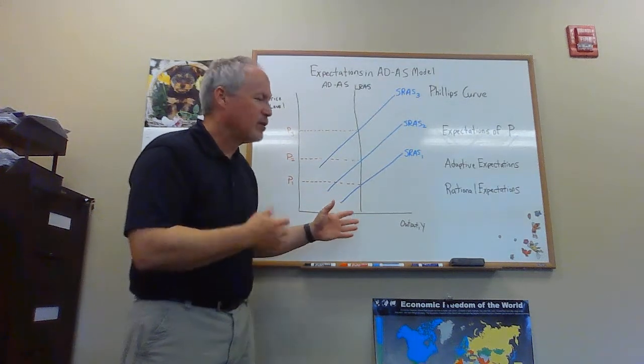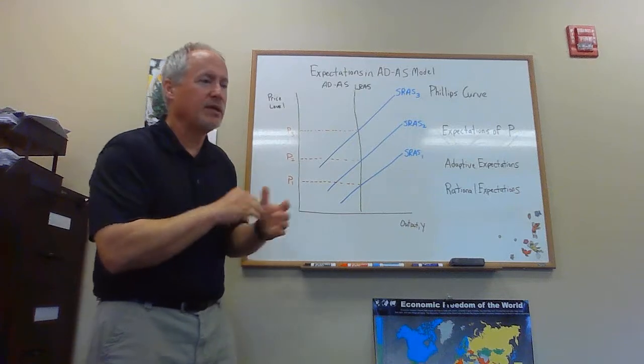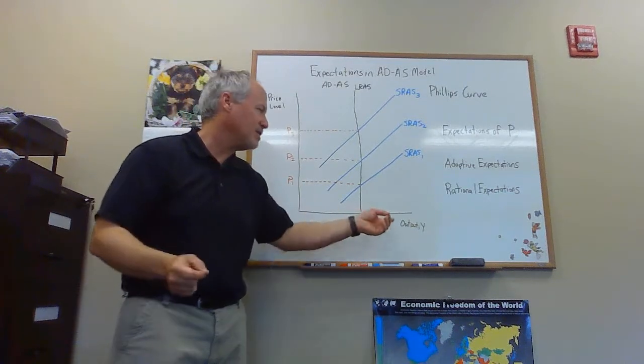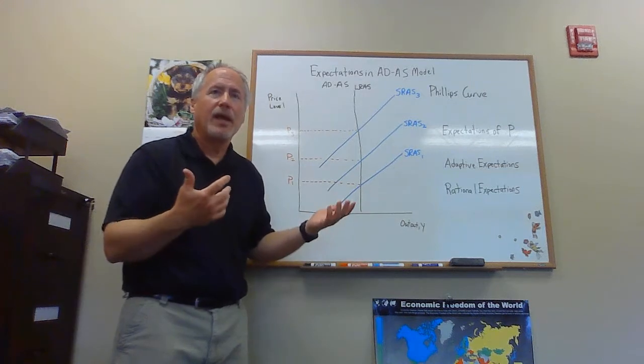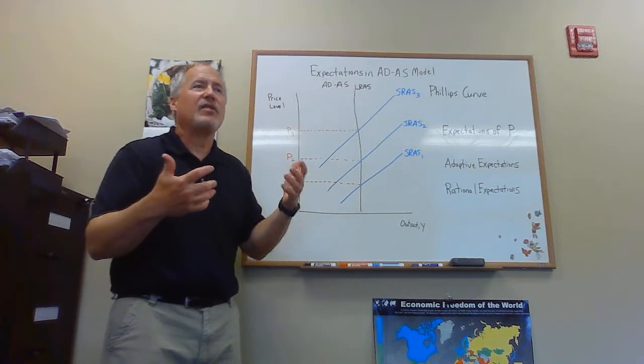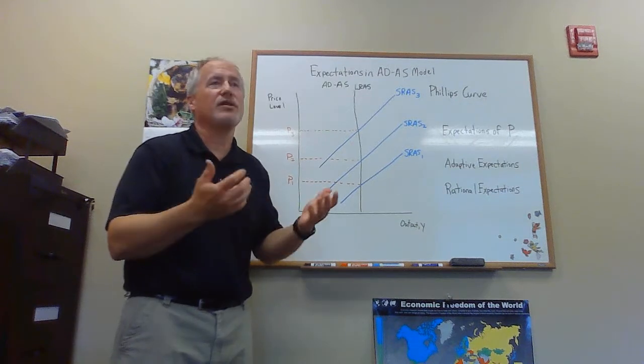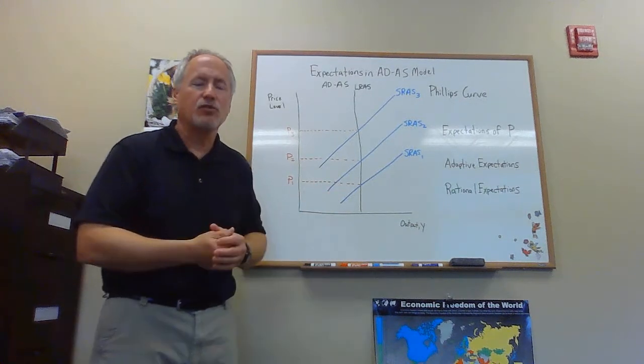Now, we have the aggregate demand, aggregate supply framework, and since unemployment is just in some sense the flip side of output, I don't think there's a lot that's really new being added with the Phillips curve, other than giving you another graph to try to understand.